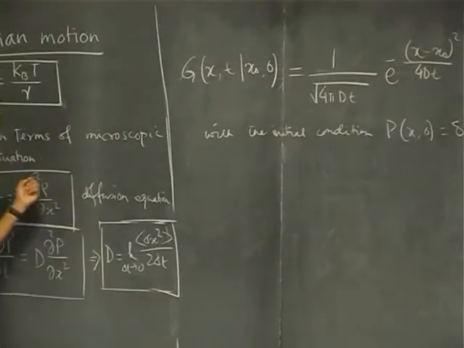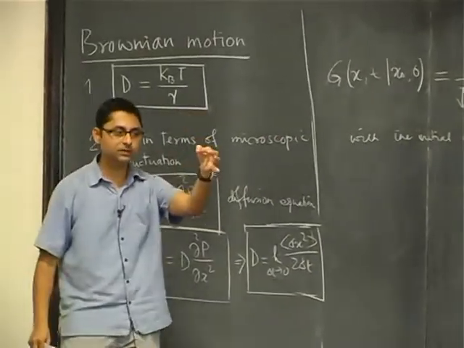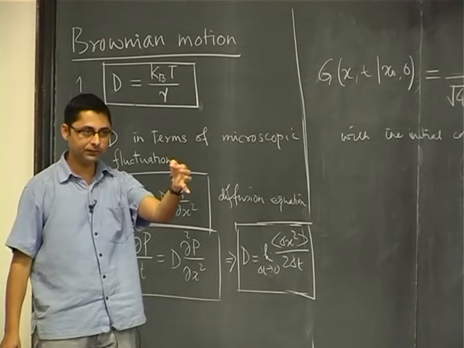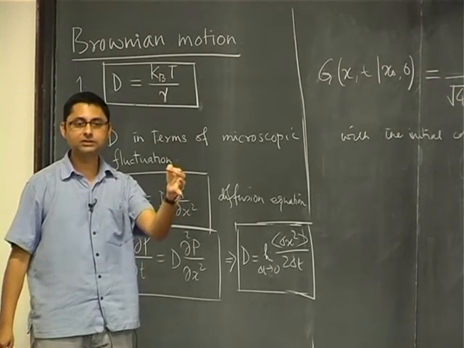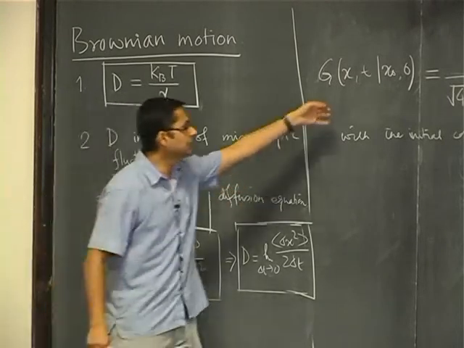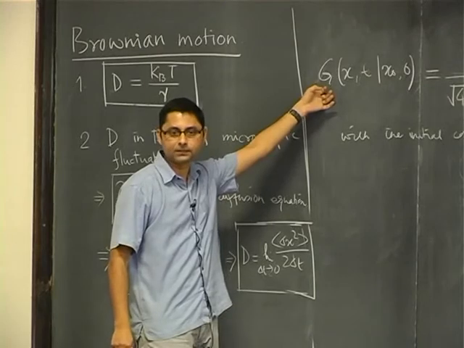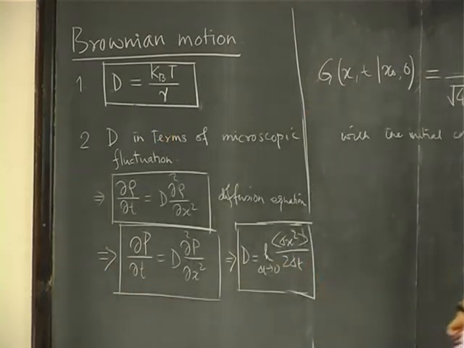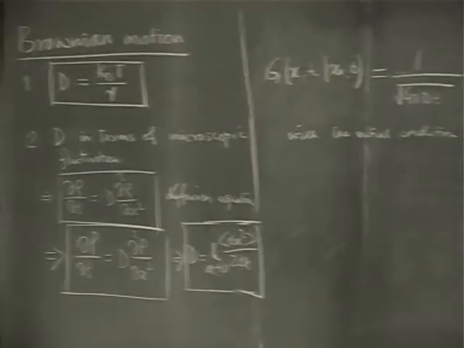So this is the solution of the diffusion equation. Imagine that at time 0, the particle is at the origin. Then you ask what is the probability that you will find the particle at position x at time t. This is the solution because we showed yesterday, right, for the Brownian random walk case. Okay. So now, what is the general solution?